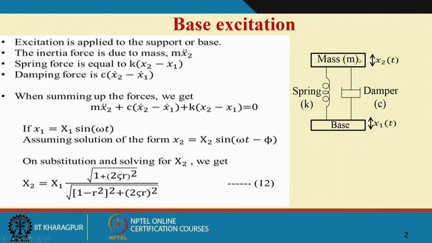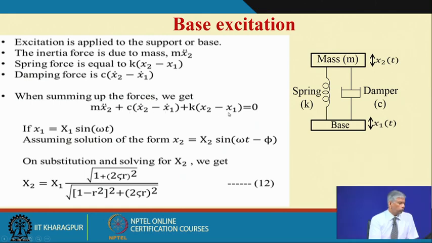So, this body will react with a response x_2. If I look into the equations of motion of this, we will get this expression. Now, you will see the response x_2 is proportional to x_1 times this term.